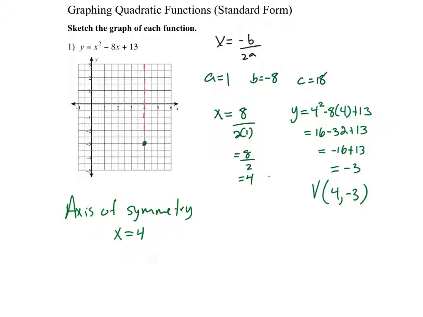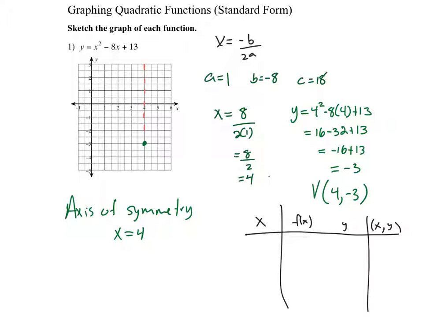Okay. So now I'm going to start by choosing again, as we did on the previous video, we're going to choose 2 points to the right or to the left, wherever you want. I'm going to choose to the right, so I'm going to substitute 5. So x and y. Hope that I have enough space, right?